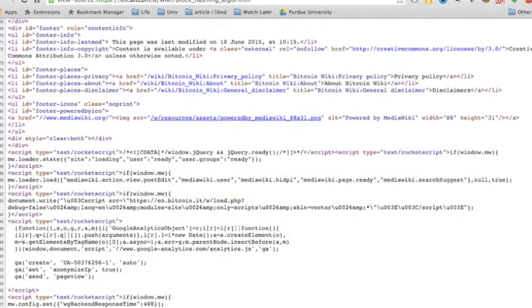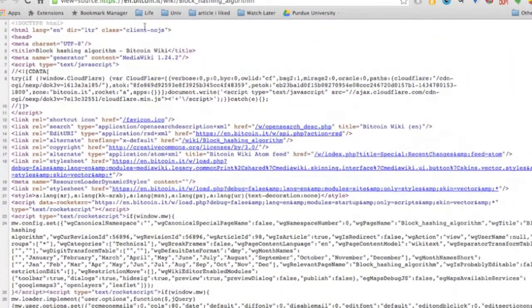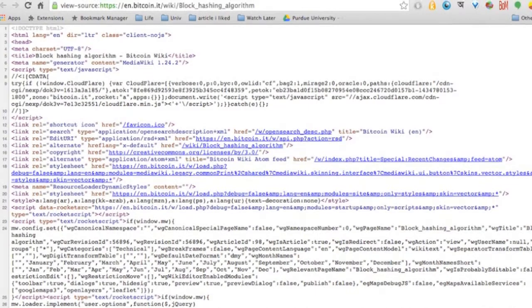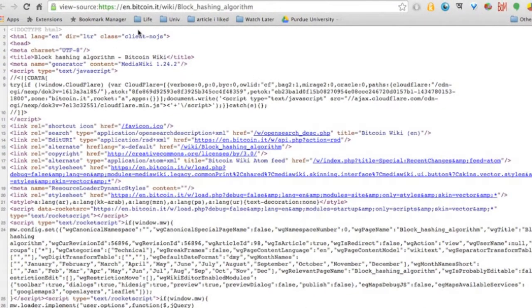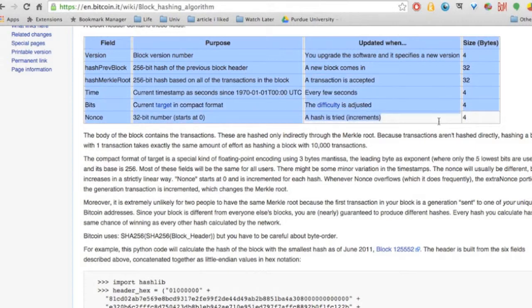So that means, if I make an analogy with this HTML file, a Bitcoin block also has a header and a body part. In the header part, we have these 6 pieces of information.